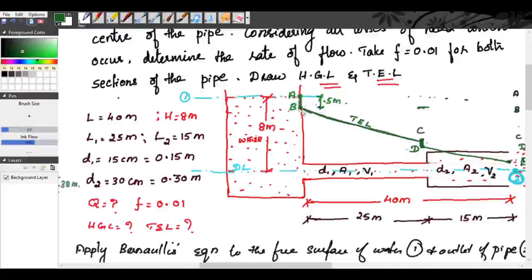So along this vertical line, we will subtract V1 square by 2g. Then the next line will be parallel to this line.